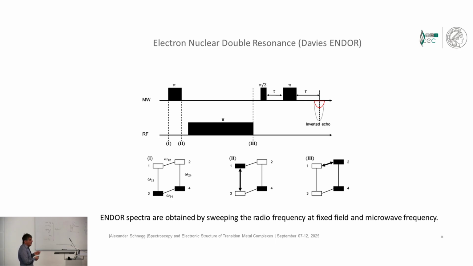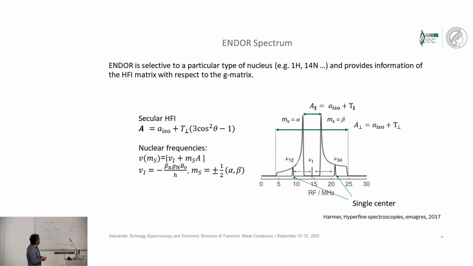And if we now repeat this sequence by changing the frequency of this radio frequency pulse, we are moving in and out of our NMR transitions and can record this by changes of our spin echo amplitude, and this gives us the NMR spectrum of the nucleus which is coupled to our electron spin.